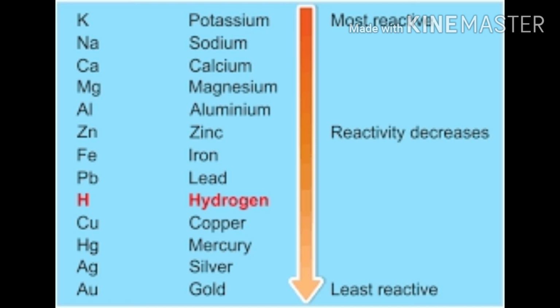The reason is that, like metals, hydrogen also has a tendency to lose an electron and form a positive ion, that is H+. The metals which lose electrons less readily than hydrogen are placed below it, and the metals which lose electrons more readily than hydrogen are placed above it in the reactivity series of metals.